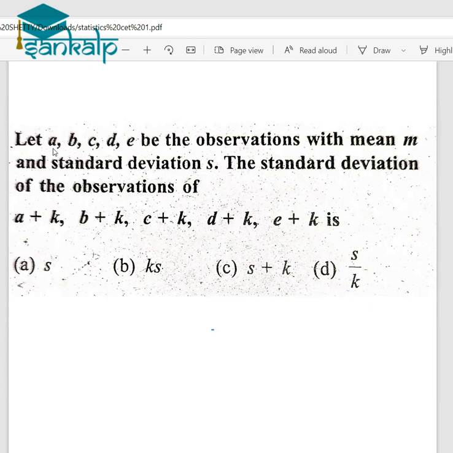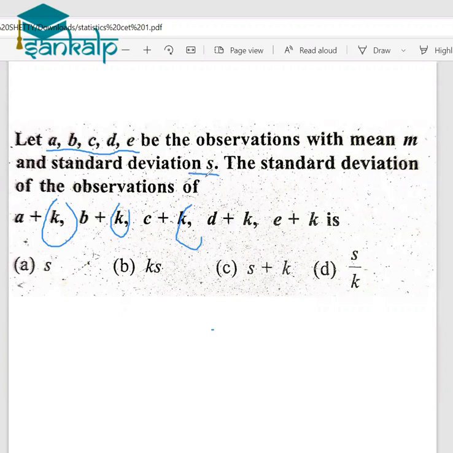So the given set of scores are A, B, C, D, and E, and each score is getting added by a constant K. And they are saying for the first set of scores, the standard deviation is S.